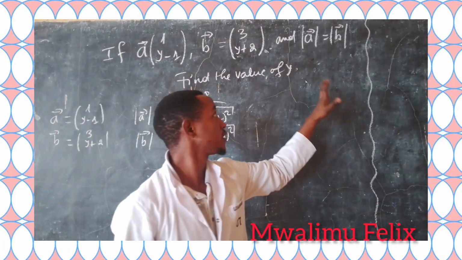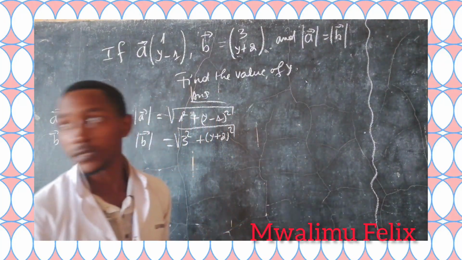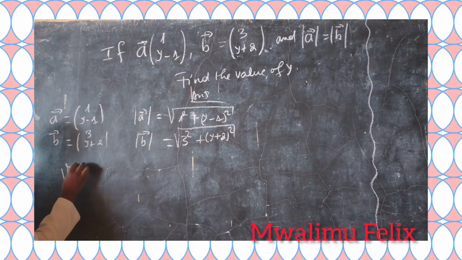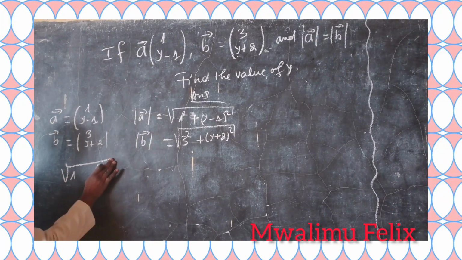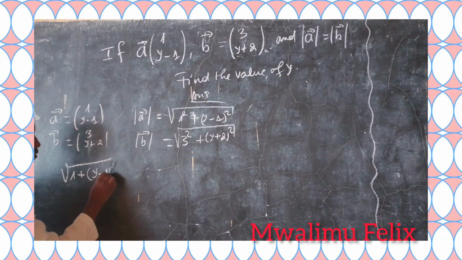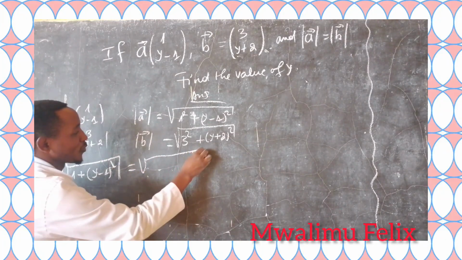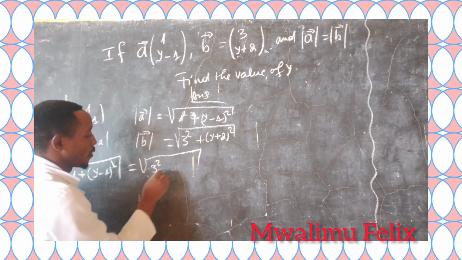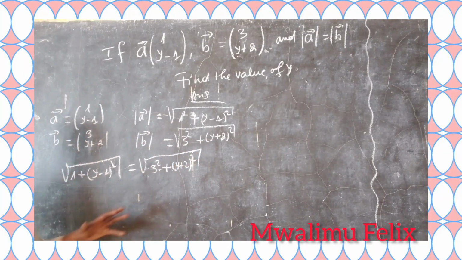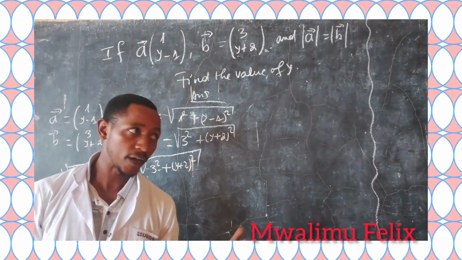As the condition, the magnitude of a is equal to the magnitude of b. So it means that the square root of 1 plus (y minus 1) power 2 must be equal to the square root of 3 power 2 plus (y plus 2) power 2.